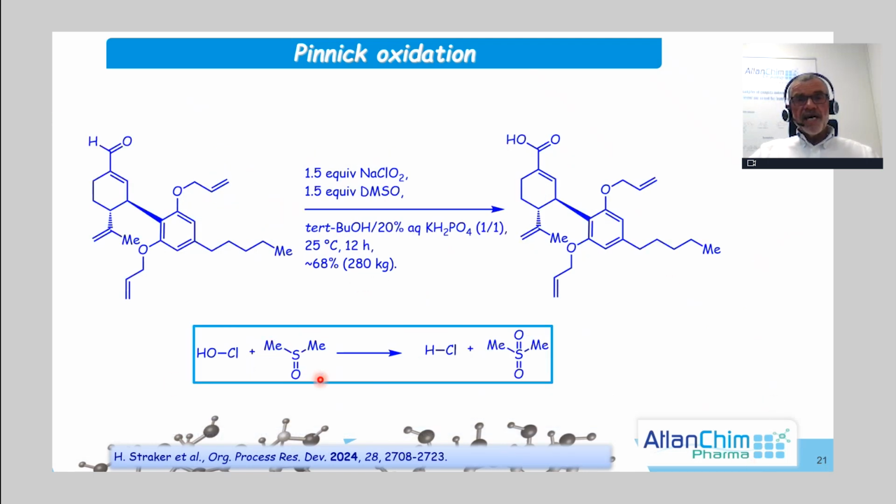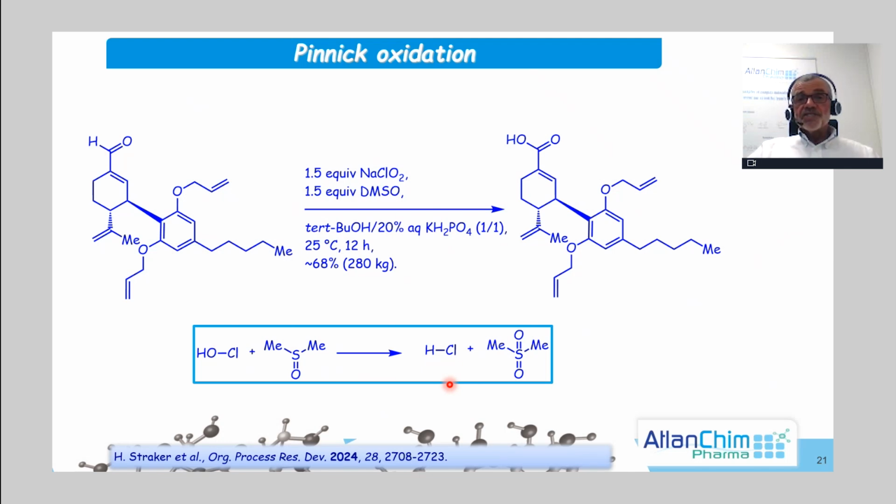DMSO here has proved to be an effective scavenger of hypochlorous acid when used as a solvent. Then DMSO is oxidized to dimethyl sulfone. However, the high boiling point of the solvent is a problem.